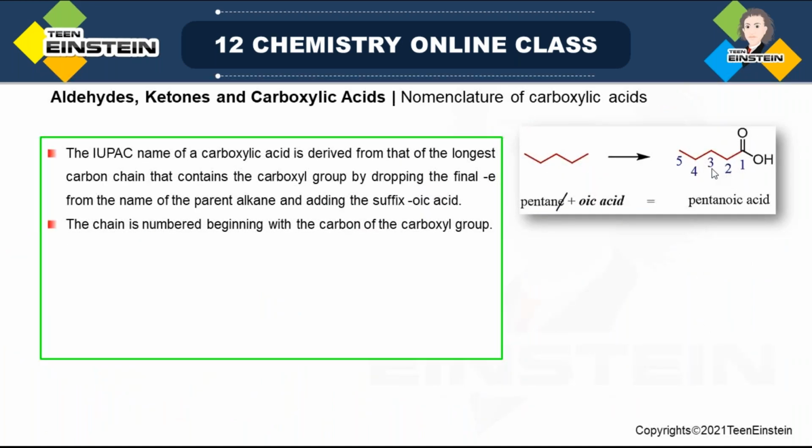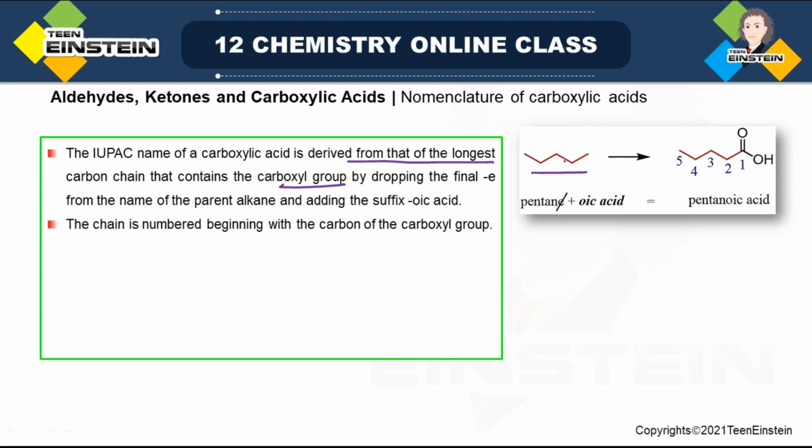Next is the nomenclature of carboxylic acid. The IUPAC name of a carboxylic acid is derived from that of the longest carbon chain that should contain the CO2H group. In this case, instead of an alkane, you have a CO2H group. Here, this is a pentane molecule, right?